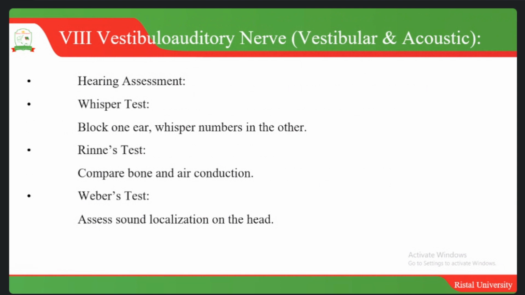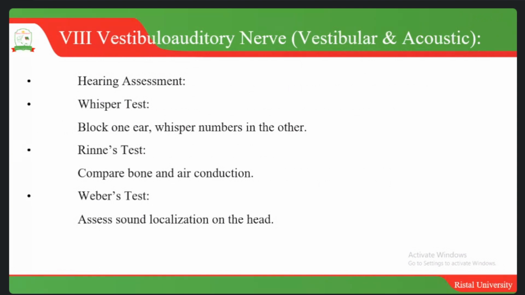For hearing assessment, when you look at the whisper test, what are you supposed to do? For the whisper test, we block one ear, then we whisper. You can whisper either numbers, or just a word, and ask the patient to tell you what you have whispered.